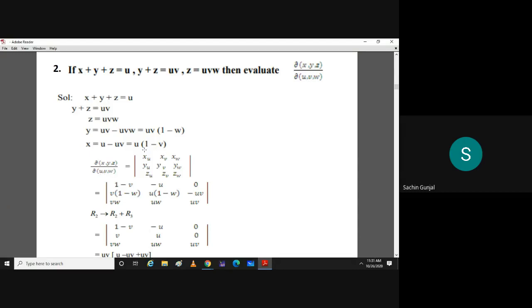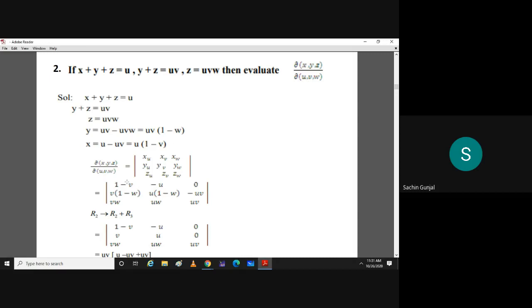So x with respect to u: 1 minus v is treated as a constant, so the derivative is 1 minus v. Then x with respect to v is minus u, and x with respect to w is 0 because there is no term of w.